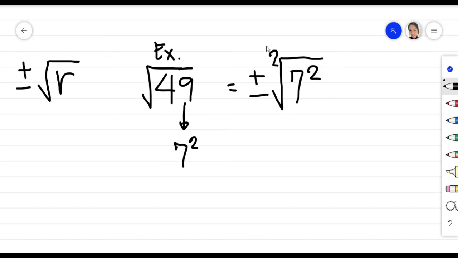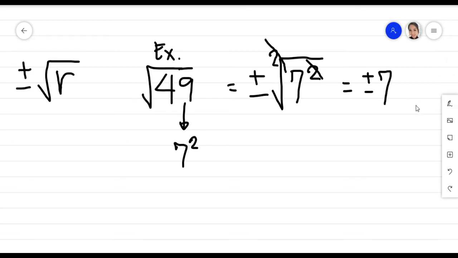Now, since the index 2 outside and the exponent inside are the same, we can remove the radical symbol together with the exponent inside. So let's remove this and this. Therefore, we are left with positive and negative 7. Thus, the square root of 49 is equivalent to positive 7 and negative 7.